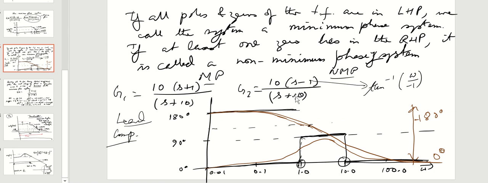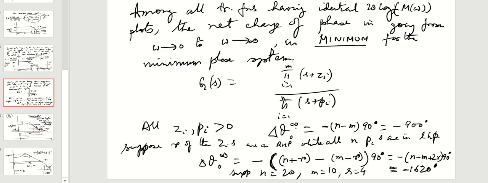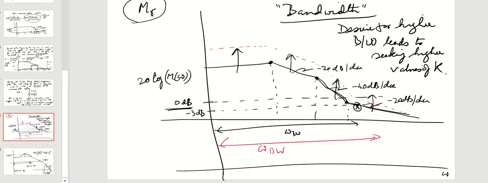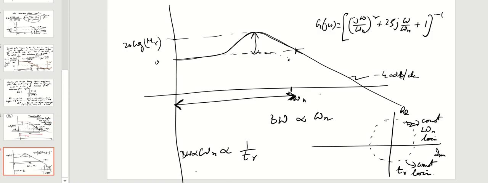So here, of course, you have to pull it out. This is one unity. So that is why we want larger values of K. But remember, some price has to be paid in terms of stability. So there will be more oscillation, especially when we have a third order system.